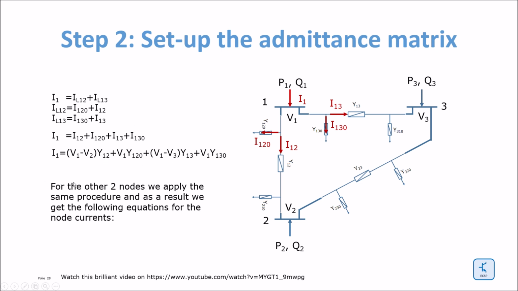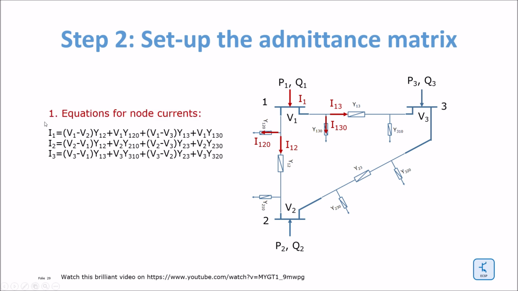For the other two nodes, node 2 and node 3, or bus 2 and bus 3, we apply the same procedure, and as a result we get the following equations for the node currents. So this first row was the equation we already analyzed just before. We do now exactly the same for bus 2 and bus 3.